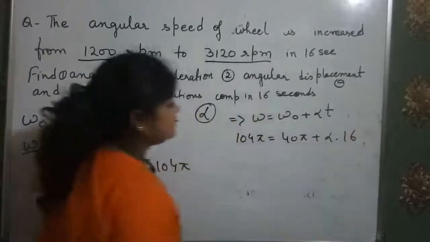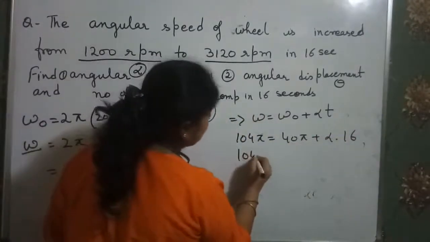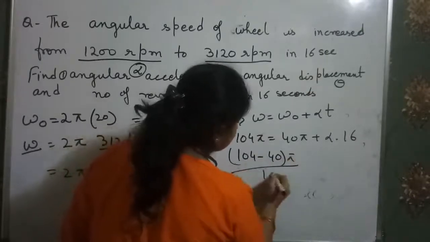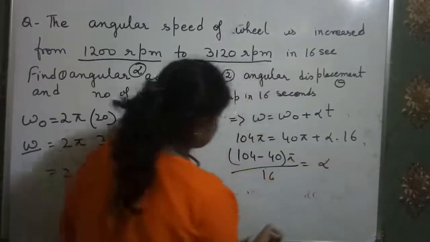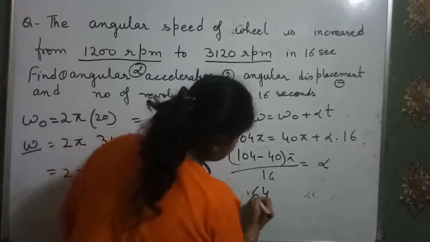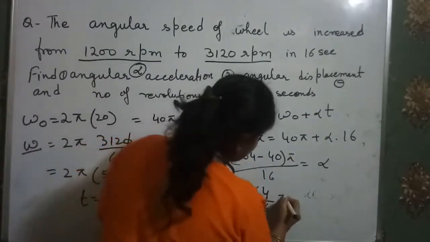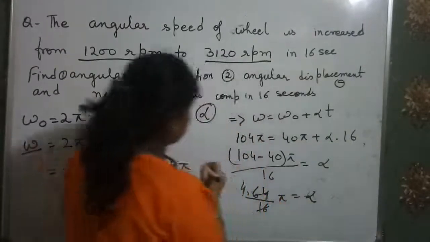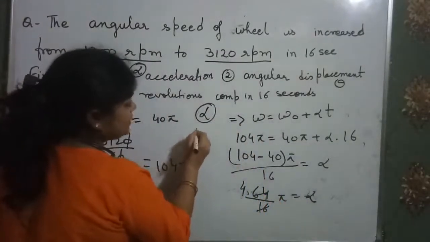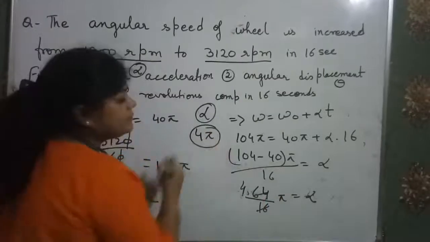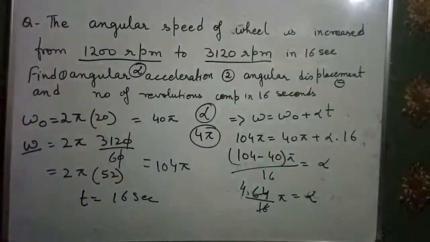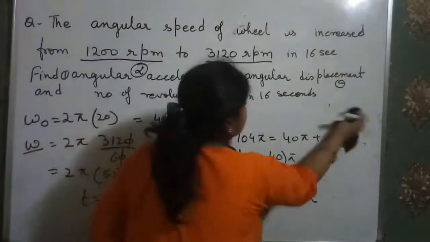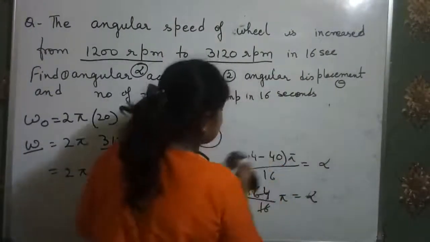So (104 minus 40) pi over 16 is equal to alpha. So we have 64 over 16 pi, which is alpha. 16 4s are 64. So the value of angular acceleration is 4 pi radian per second squared. Clear? So in this way we can use the equations in order to find the different quantities.